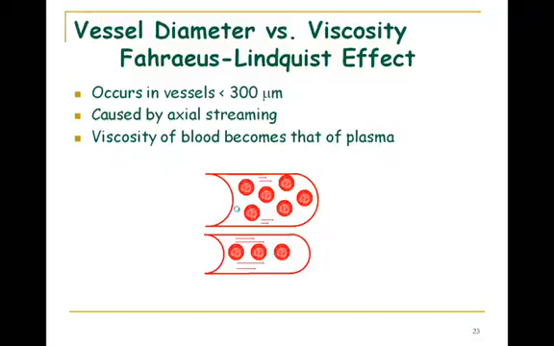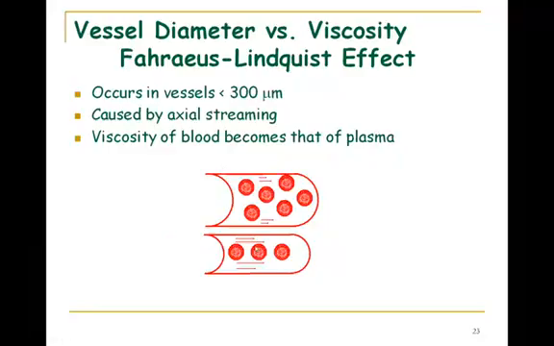Because of the characteristics of blood vessels and red blood cells, as the blood is moving down the vessel, because of a thing called axial streaming, the red blood cells become pushed towards the center, like you see here. They become more concentrated at the center of the vessel during laminar flow.